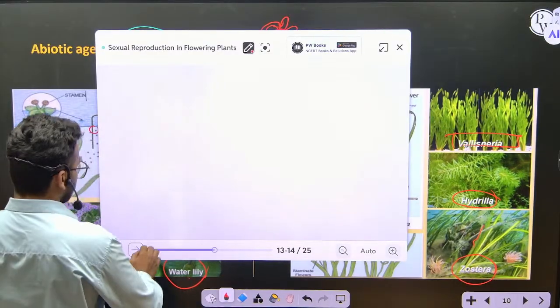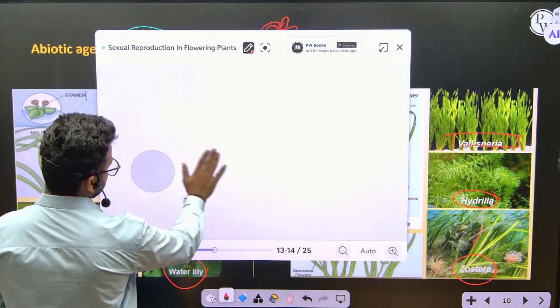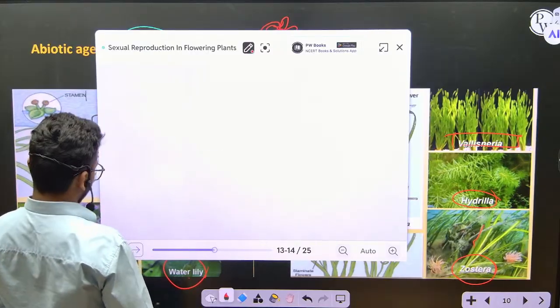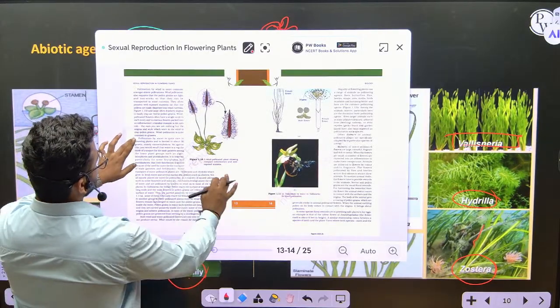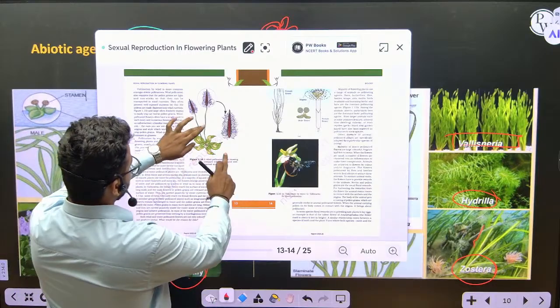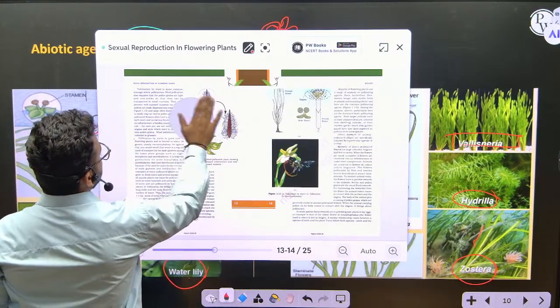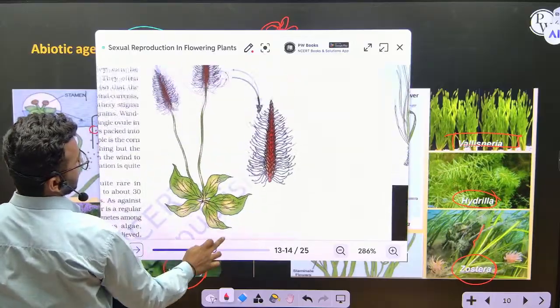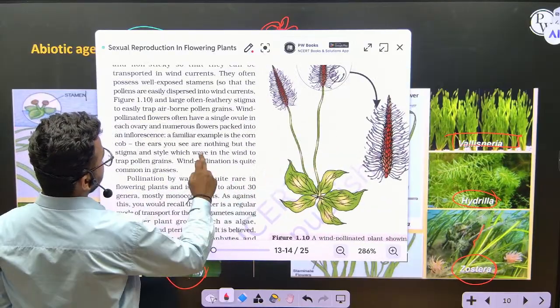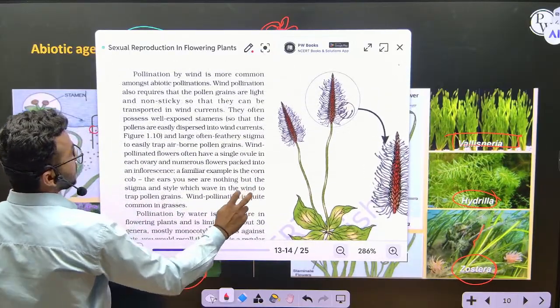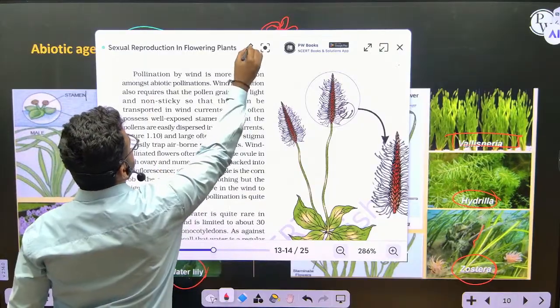There is a network picture. See, regarding this diagram only, they asked in the last exam, that is 2024, what we have seen just now. So what are the wind pollinated features of plants?